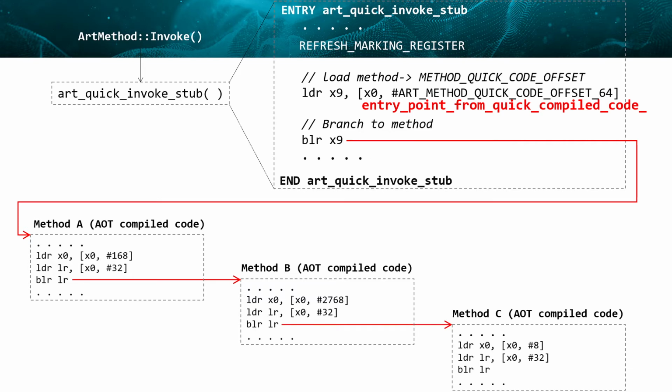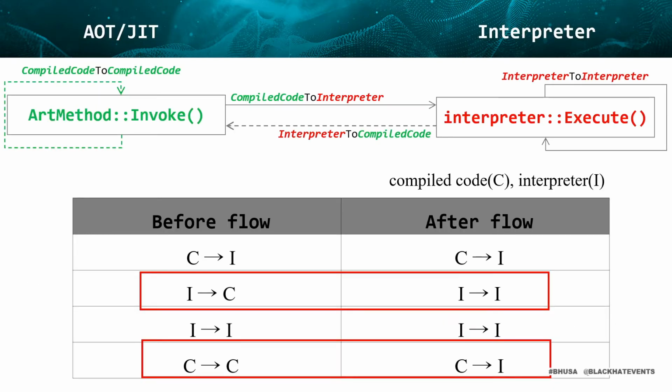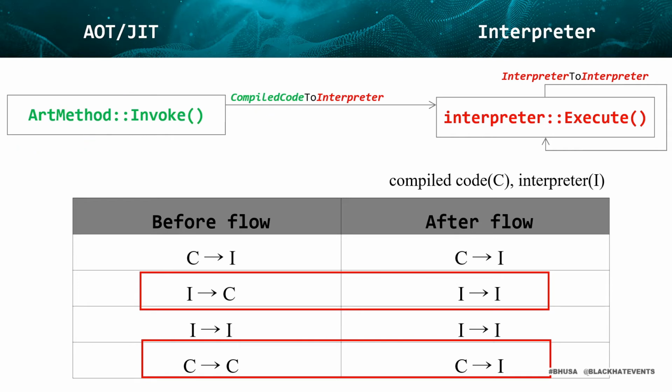the target function. So I changed the ART method invoke function to stop executing compiled code and instead use the interpreter to execute bytecode. In this method, the ART method invoke function to execute the compiled code in the existing flow is not called.